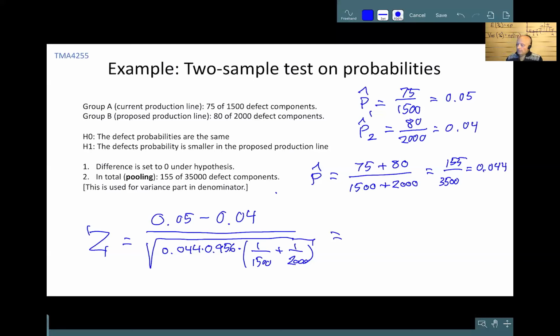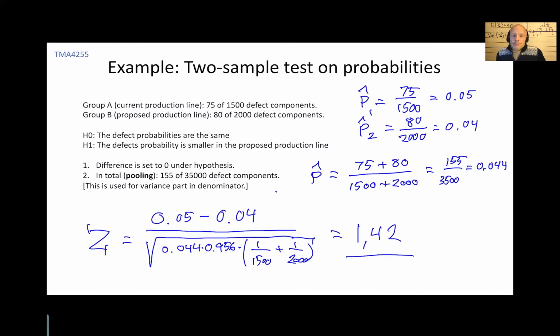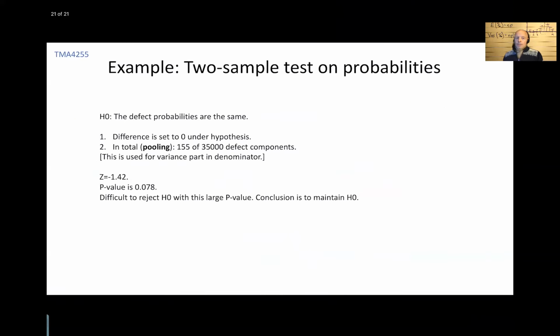Well, then we get 1.42. And to check if this is large or small, we then compare it with the Gaussian distribution. And that's what we've done here. We see that this z value is plus or minus 1.42. It doesn't matter if we take one or the other first here.